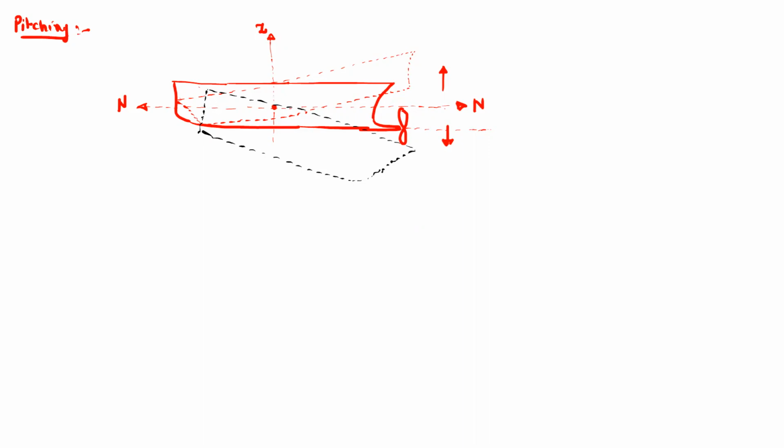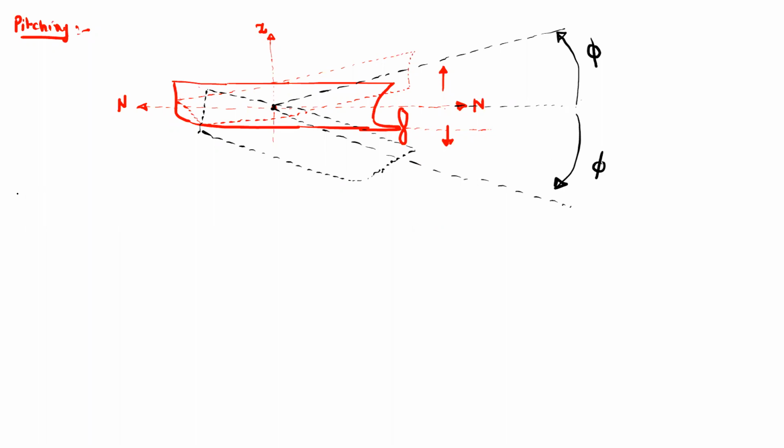So here the maximum angular displacement with respect to the neutral axis is assumed as phi. This is the maximum possible angle during that pitching motion. It is in the upward direction, and similarly we can observe that angle in the downward motion. So this is the phi.